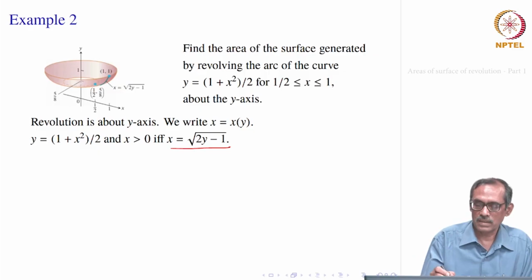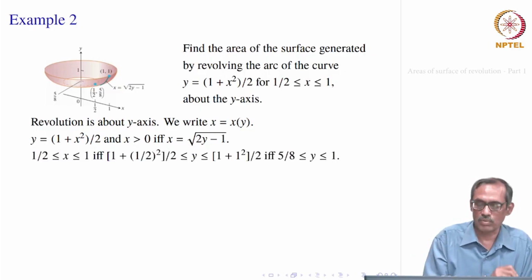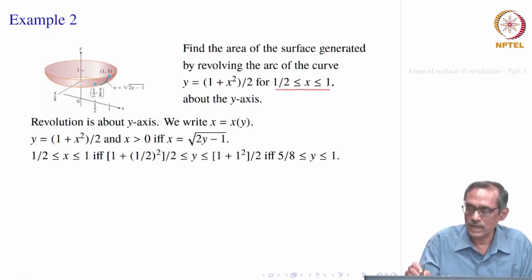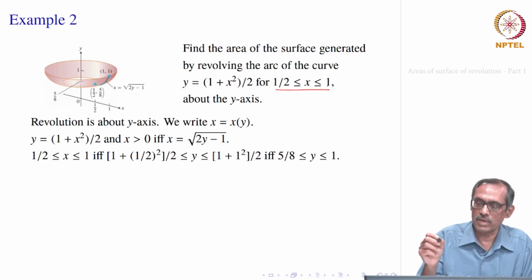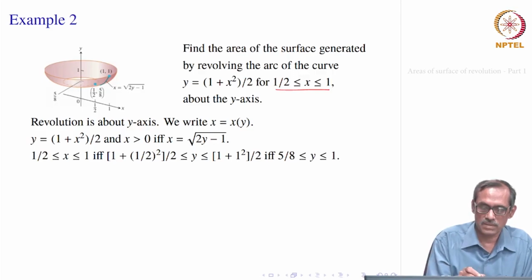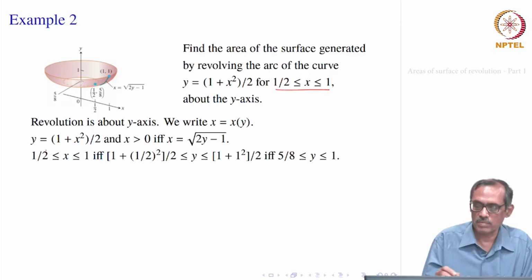It is half to 1. So, it is x greater than 0, therefore, we get x equal to the square root of 2y minus 1 as the curve. And when x has the limit half to 1, our integral will involve limits in y. So, we have to find out limits for y, fine. So, from this, if you substitute x equal to half, x equal to 1, you get the limits for y as 5 by 8 to 1.